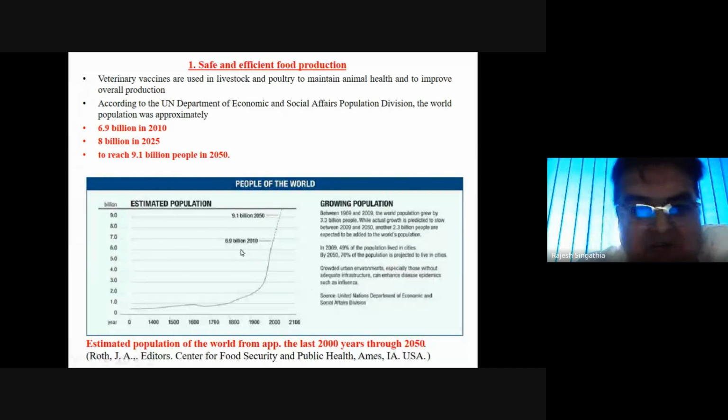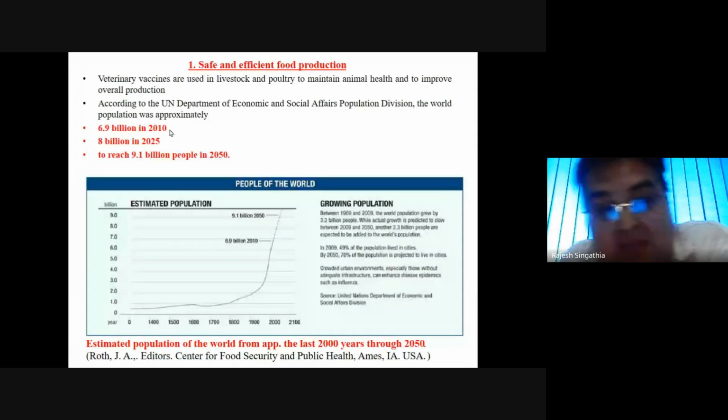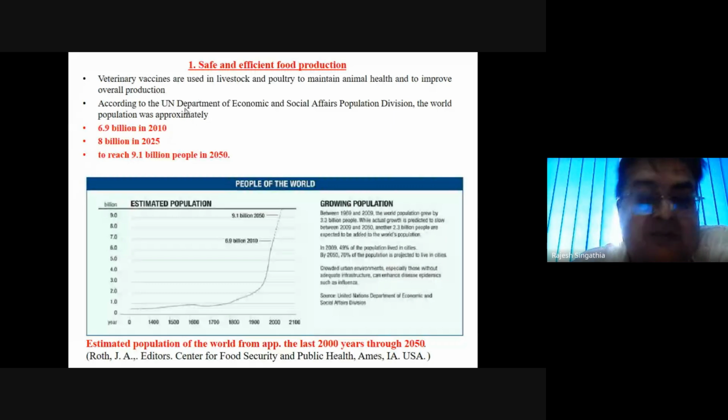In this graph, you can see the estimated population of the world from approximately the last 2000 years through 2050. In 2010 there were 6.9 billion people, in 2025 it is 8 billion, and in 2050 it is 9.1 billion. As time advances, the population increases.